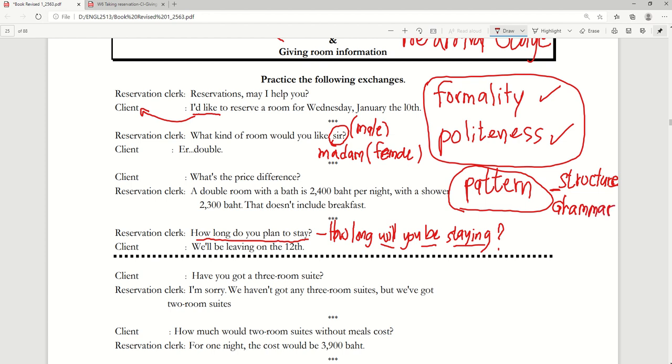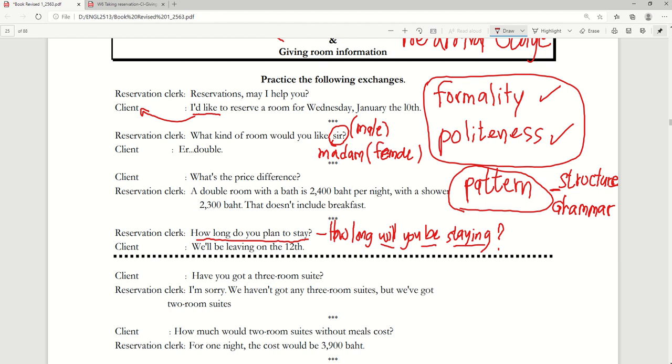So you may think, oh, it's easy, it's boring. But the difficulty is that you have to think about the sentences. You have to think about the words that you use in the sentence to be formal and polite.